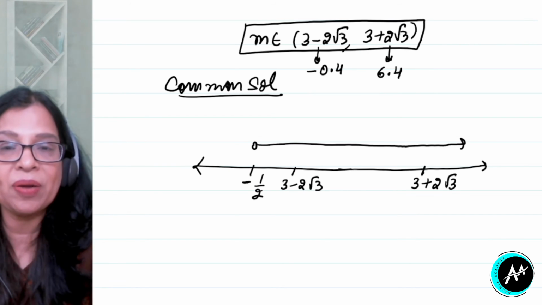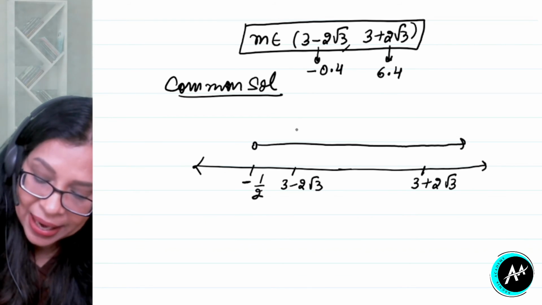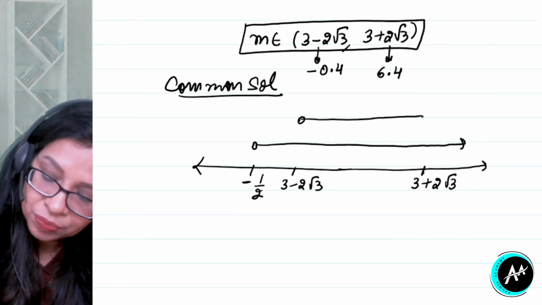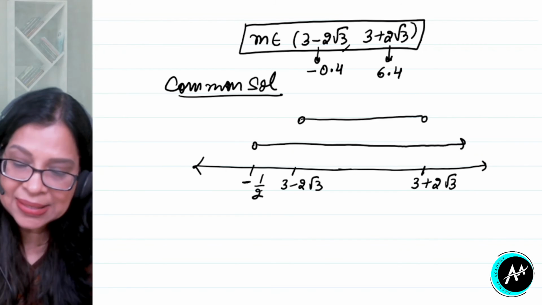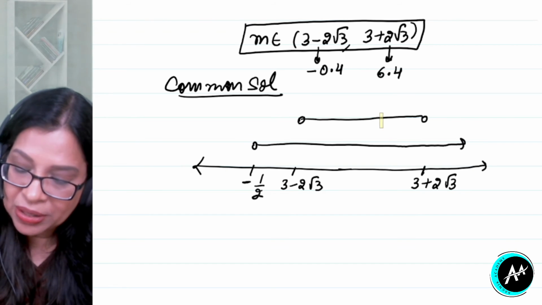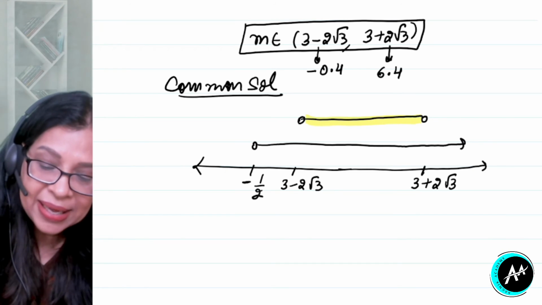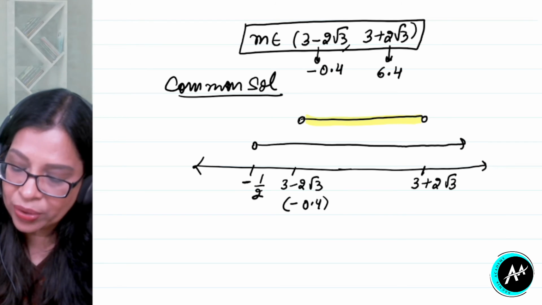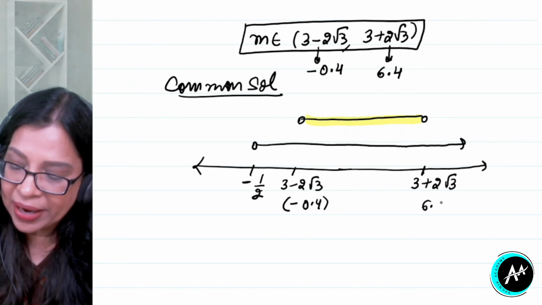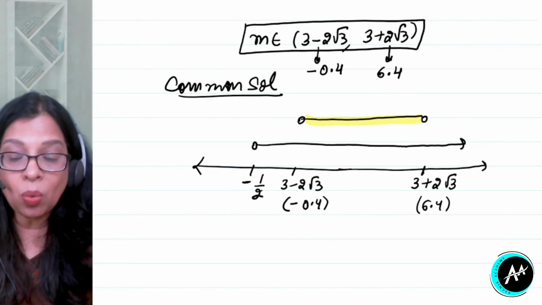So x is greater than minus half. Then x lies between these two. Right? So what's the common solution? That x is lying here. See? This would be the common solution. So that means x is lying between, this was approximately minus 0.4 as you can see. This is approximately 6.4.